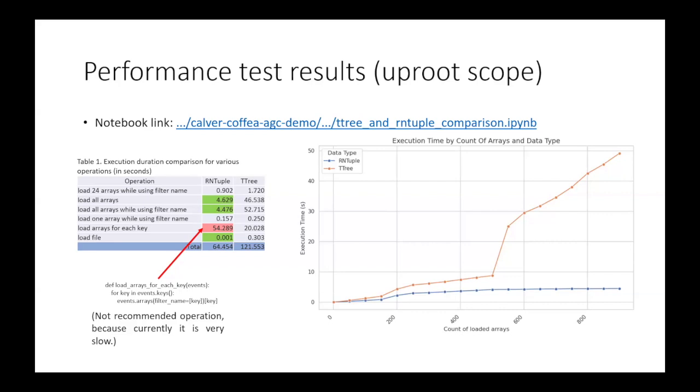It's very clearly visible in the graph on the right that with more and more data, the execution time of RNTuple doesn't grow as fast as TTree. And the conclusion would be that it's much more worth it to use RNTuple when loading big amounts of data, a lot of arrays.